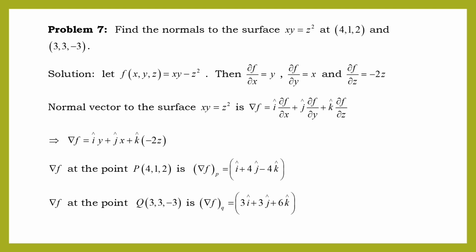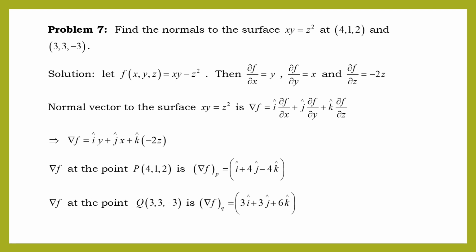Now the gradient of this particular function is del f equals i cap dou f by dou x plus j cap dou f by dou y plus k cap dou f by dou z. If we substitute the values of the partial derivatives here, we obtain del f equals i cap y plus j cap x plus k cap times minus 2z.